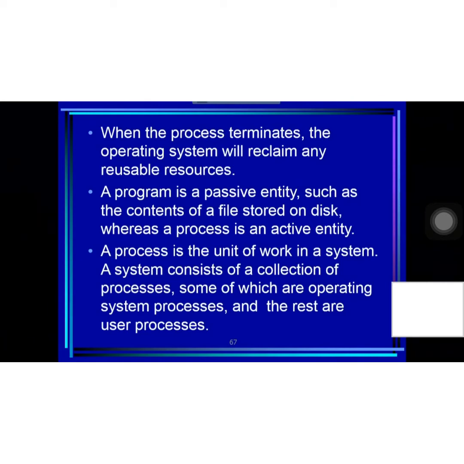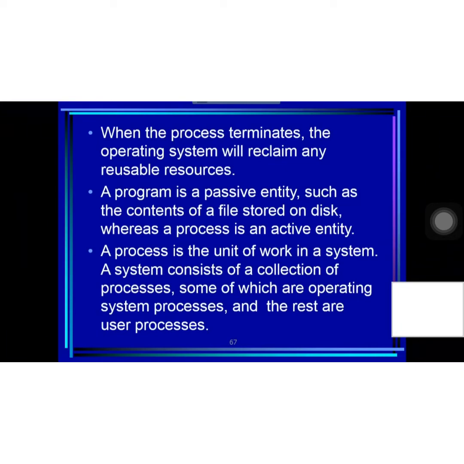Thus, although two processes may be associated with the same program, they are nowadays considered two separate execution sequences. A multi-threaded process has multiple program counters, each pointing to the next instruction to execute for a given thread. A process is the unit of work in a system.